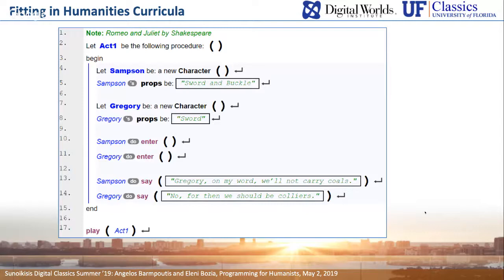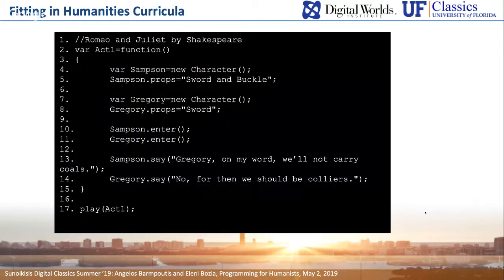And this is a very brief example of the beginning of the first act of Romeo and Juliet by Shakespeare. It was typed exactly as you saw before in the same interactive interface. So what I really typed was this, and you can see that I use object-oriented programming with this dot jargon that we discussed previously.